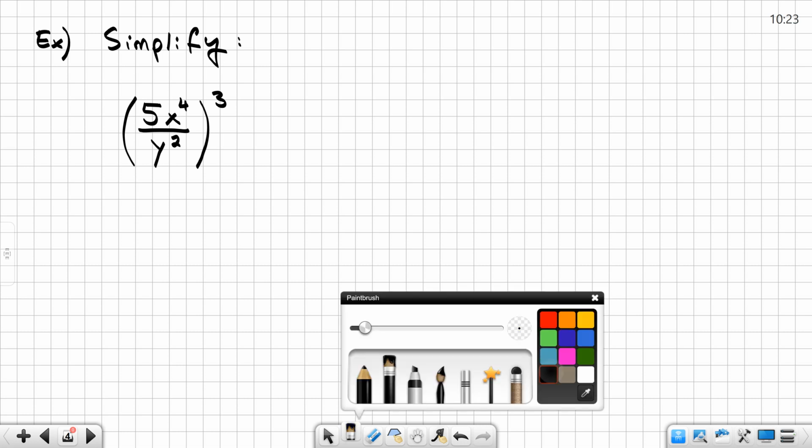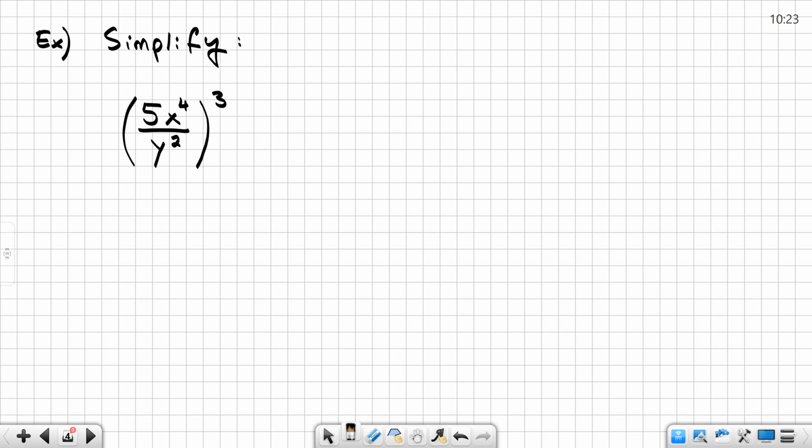So I'm slowly now starting to use all of my rules. The first rule that I'm going to apply is that there are some parentheses. I have an exponent of 3 on the outside, and that means that my numerator, 5x to the 4th, will be raised to the third power.